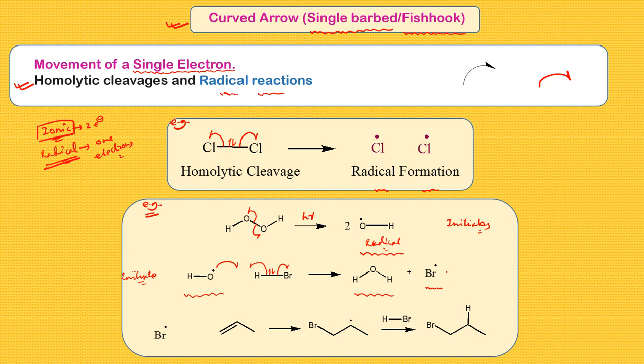And this Br radical will propagate, or continue, the reaction. So here we are observing this Br dot, or the Br radical, will react with the alkene, that is our reactant. So here the Br dot will give one electron, and this alkene, as we know, is associated with the carbon-carbon double bond.